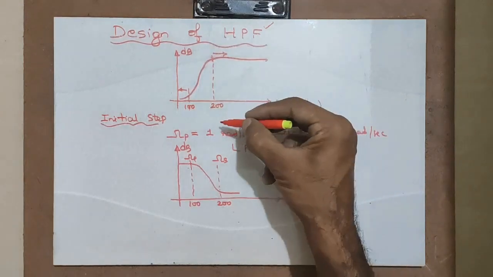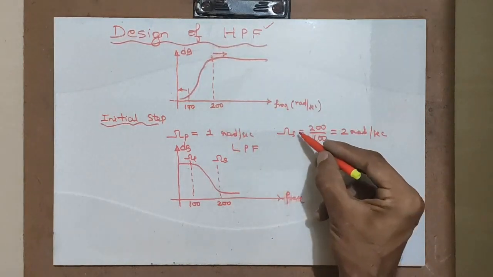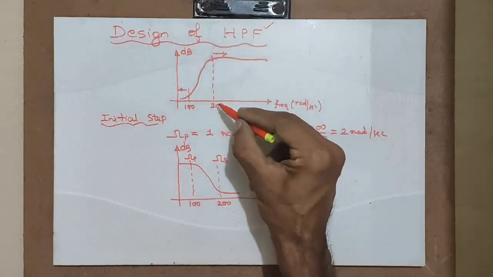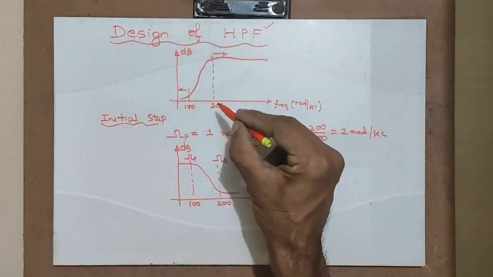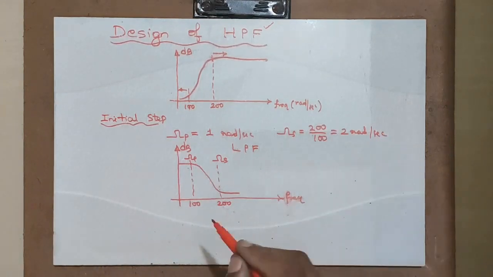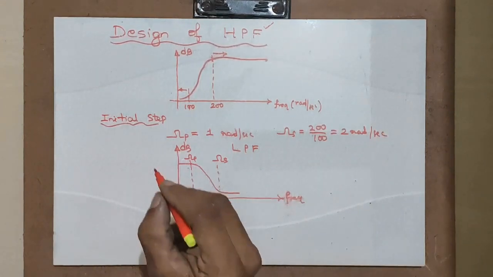Very simple. We start with 1 radians per second, and the stop band for the normalized low pass filter will be the higher value divided by the lower value, 200 divided by 100, 2 radians per second.